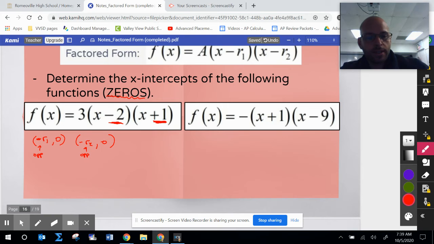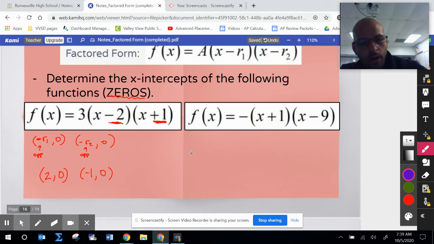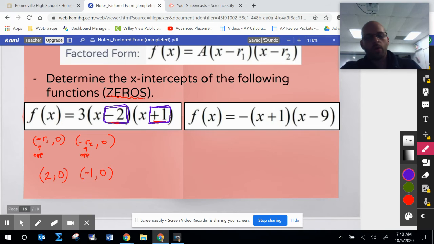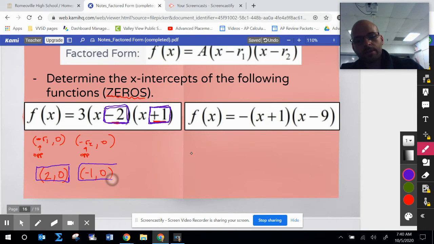So if I do this, I'm just looking at my problem. I know I have x-intercepts at 2, 0 and at negative 1, 0. Now, where did those numbers come from? Well, they came from the values inside my parentheses. So when I have two groupings multiplied by each other, that is factored form or intercept form. And I am going to then take the opposite of those values, and those give me my x-intercepts.